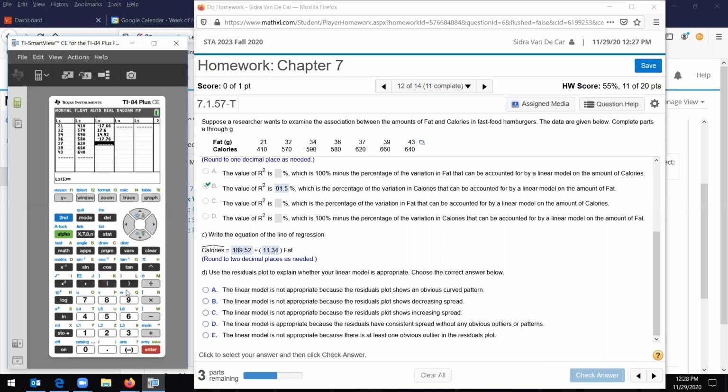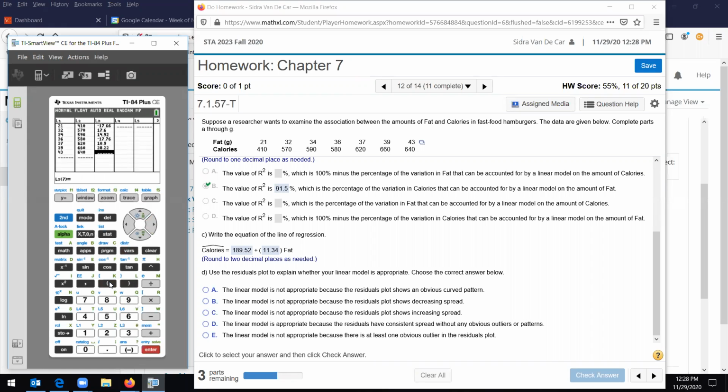And then 620 minus 37. And then 660 minus 39.